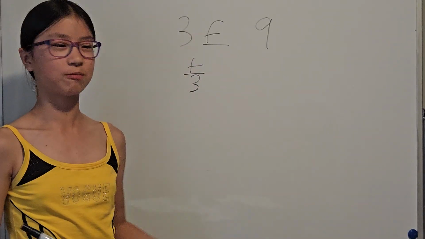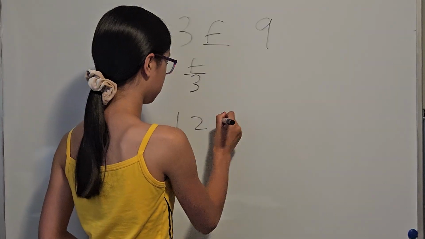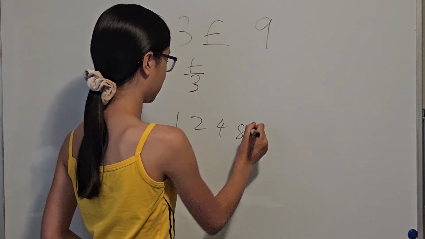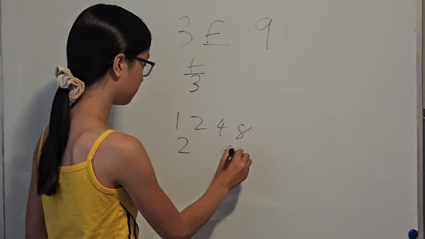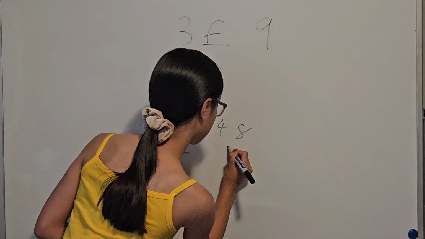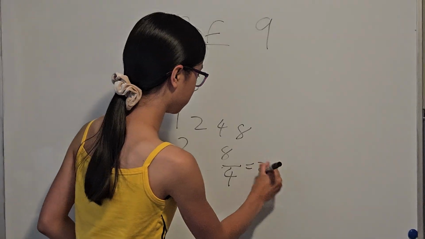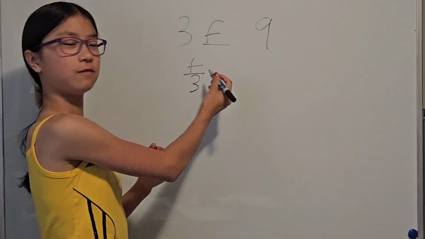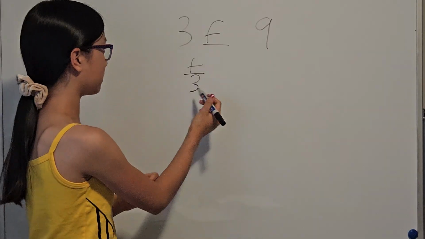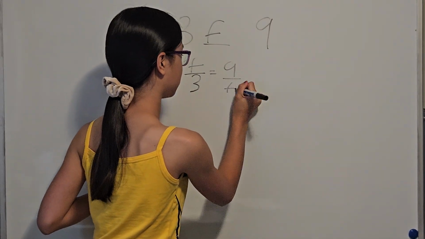And since all the common ratios are the same, as we saw at the start of the video with 1, 2, 4, 8, where 2 over 1 is 2 and 8 over 4 also equals 2, basically F over 3 is going to equal 9 over F.